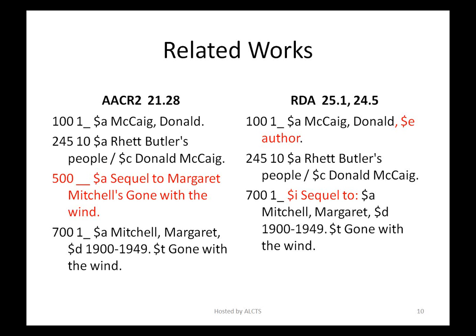In RDA, we can use a relationship designator from the appendix that deals with related works, and we would record that in the added entry itself. So you see the subfield i, sequel to, in front of the authorized access point for the work.